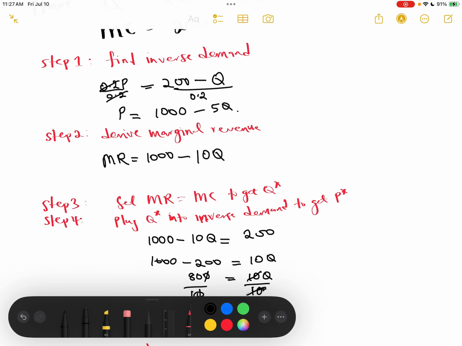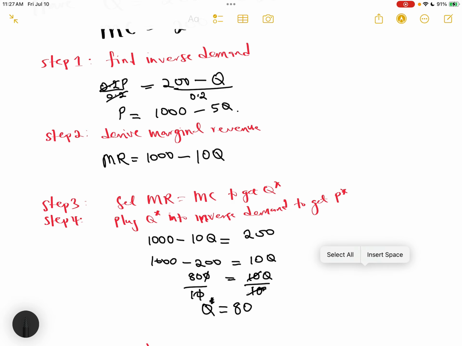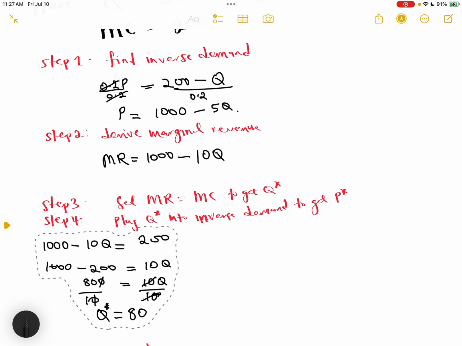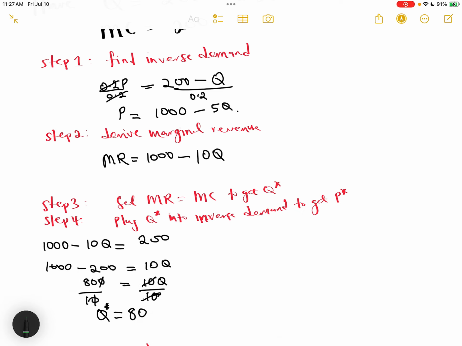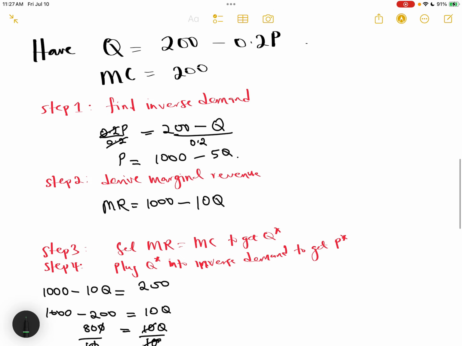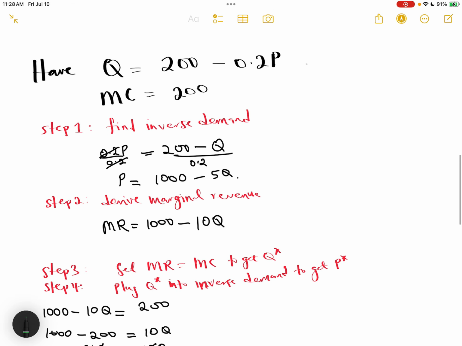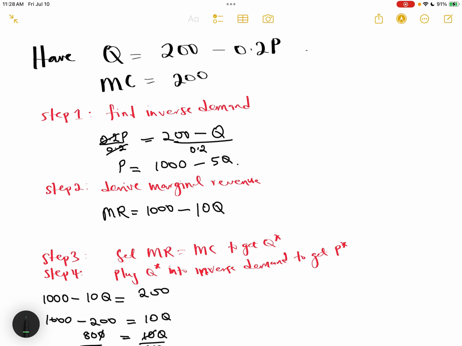Okay, we have to plug Q star back into the inverse demand to get our P star. So let me move the math we've just worked on to one side so we have some space to write. Very good. How about I use a different color? How about we use green? Okay, from here we are going to plug that Q star equal 80 into our inverse demand so that we can get our P star. Well, inverse demand from step 1 is P equals 1,000 minus 5Q.